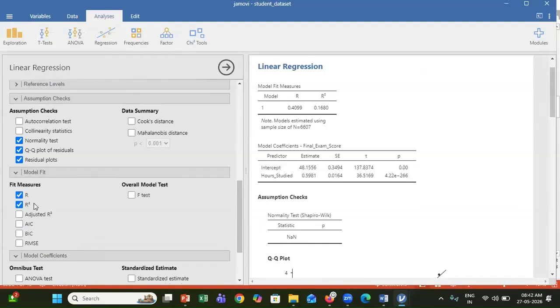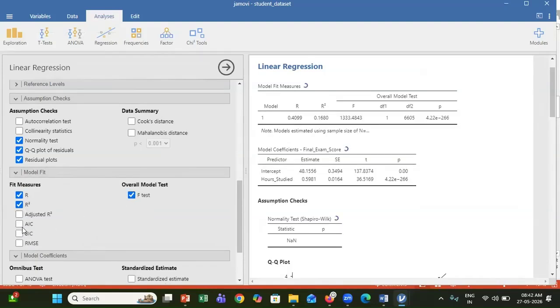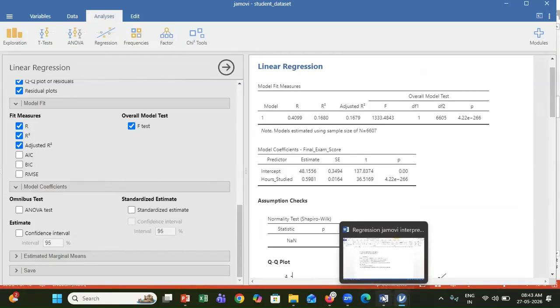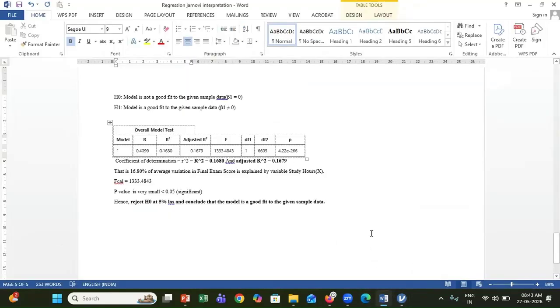Under model fit, I will check R, R square, F test, adjusted R square. Once selected, Jamovi automatically generates the regression outputs. Now I will copy all these outputs one by one to my Word file, and it will look like this.